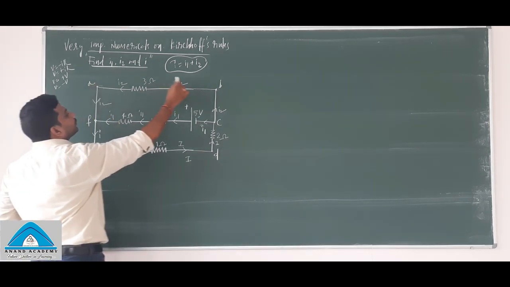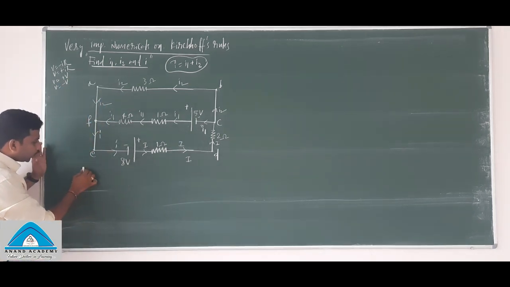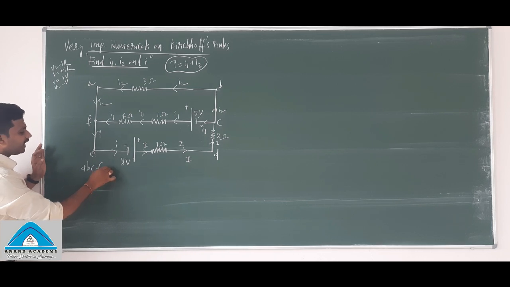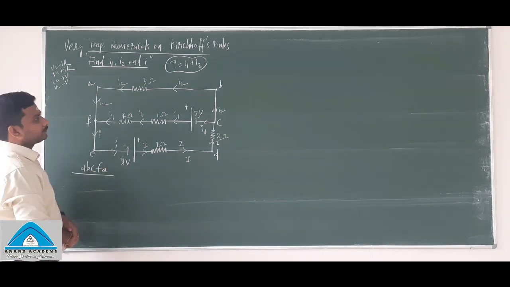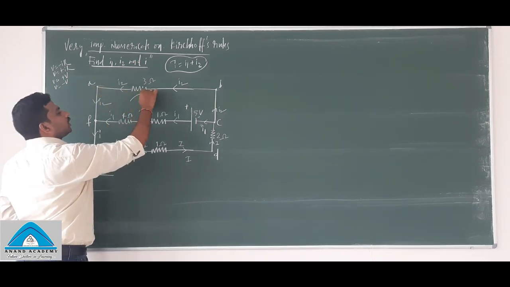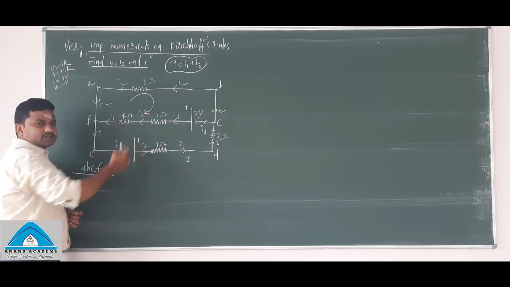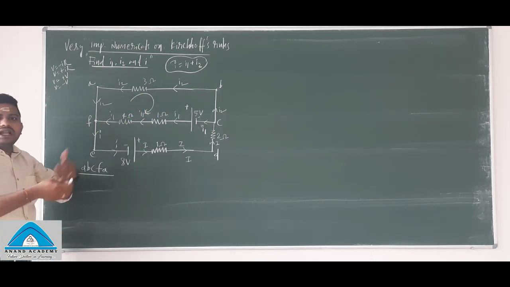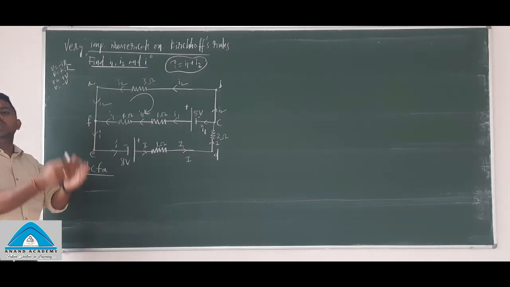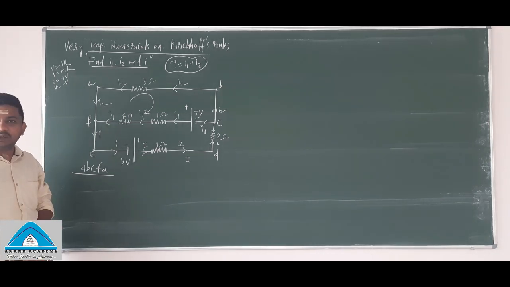Let us consider the loop A, B, C, F, A. This is the loop of my consideration, starting from here. And let's apply Kirchhoff's second law, which is called the voltage law, which is also called the law of conservation of energy.